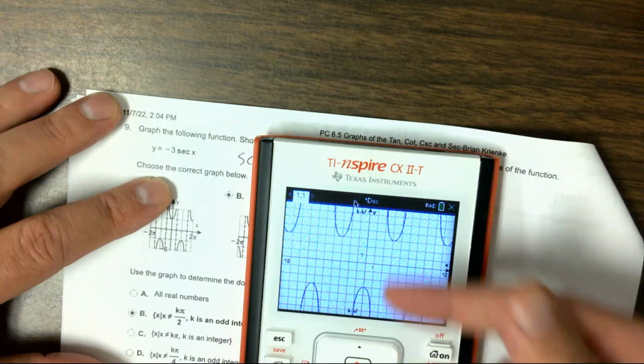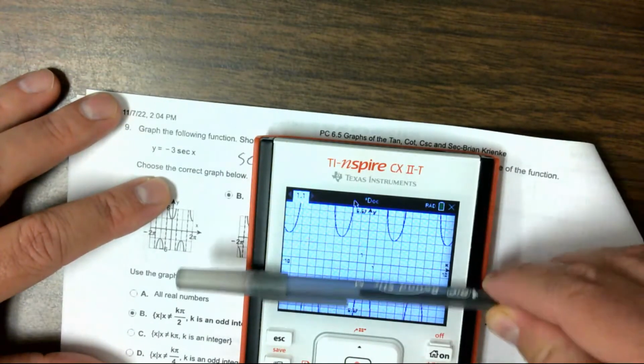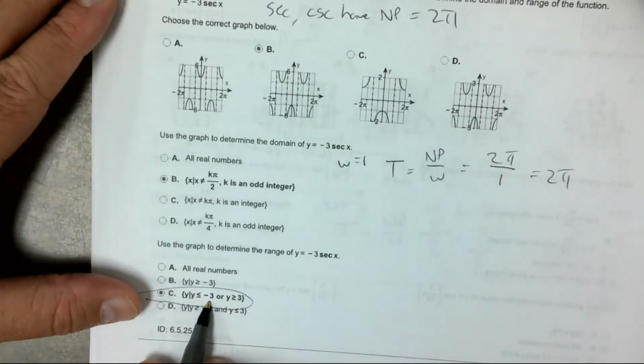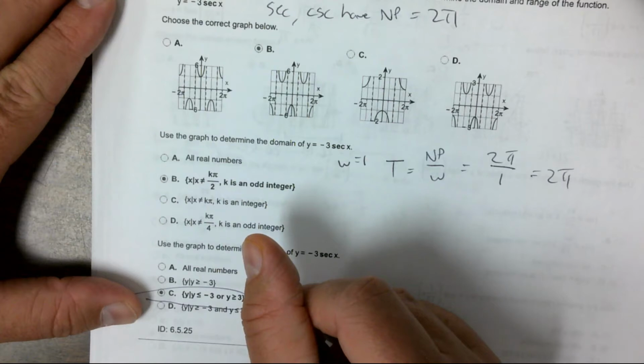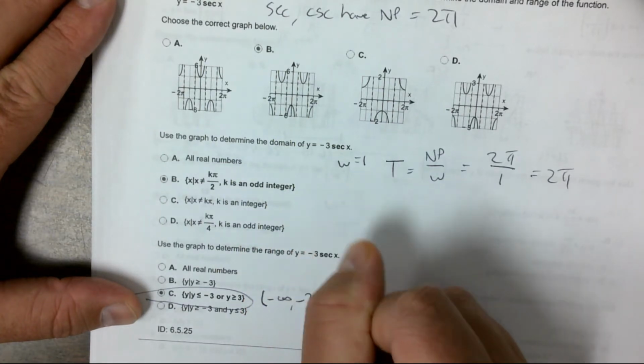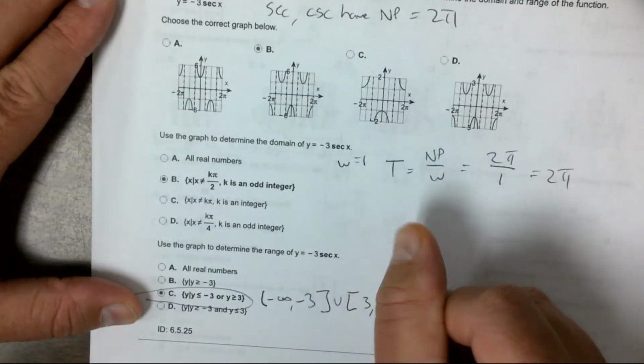It's not defined in the middle, like from here to here. So this one's defined below negative 3 and above positive 3, including those. So like negative infinity, negative 3 bracket, union 3 infinity.